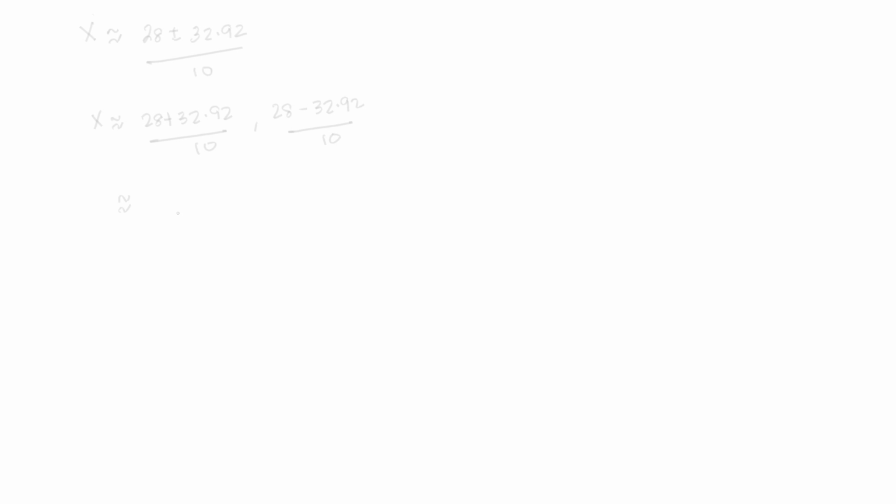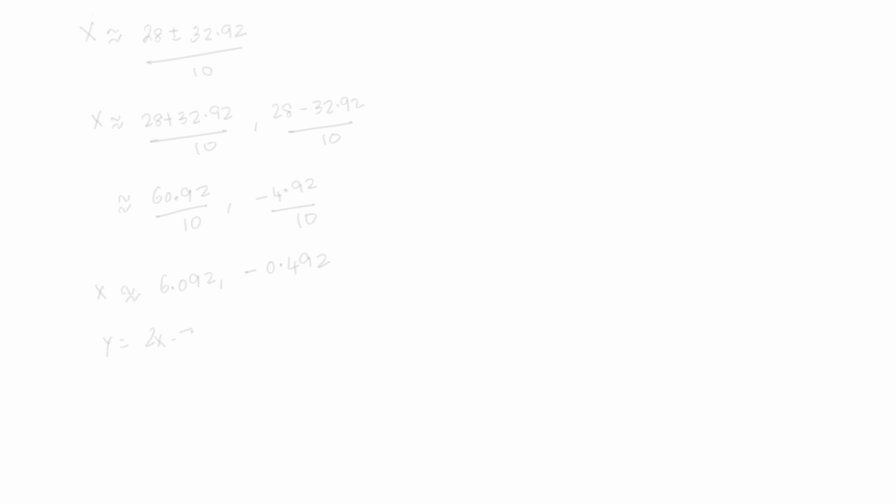28 plus 32.92 is 60.92 over 10, and the other one is minus 4.92 over 10. So we'll get 6.092 and minus 0.492. Those are the values of x. Now I could take each value of x and plug it in to solve for y.